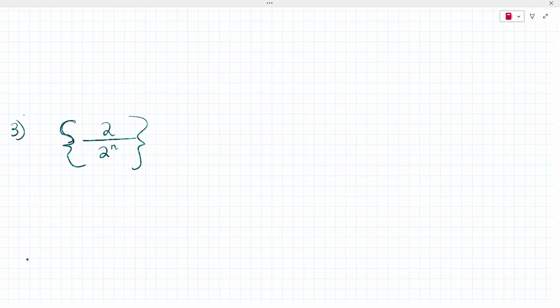I don't think it's linear or exponential, but what if I just plug in infinity for my n value? So it's 2 over 2 to infinity. And what is this going to be? It's going to be 2 on the top, and then what's 2 raised to a very, very large number? It's infinity, right? 2 raised to infinity is infinity.